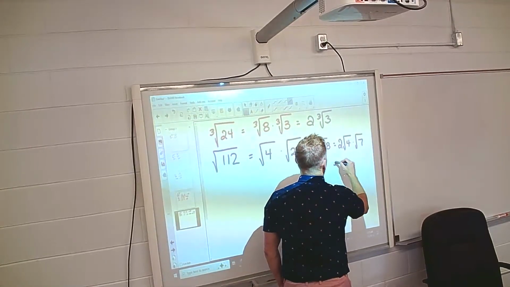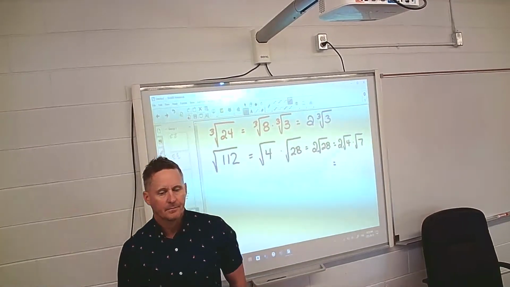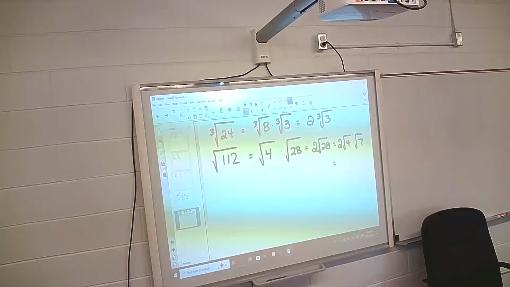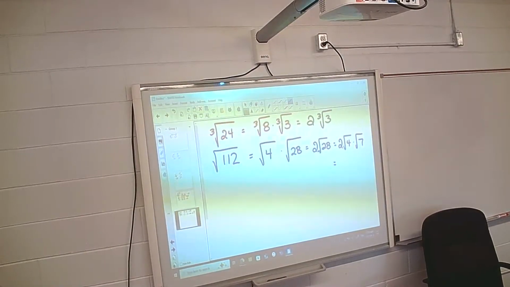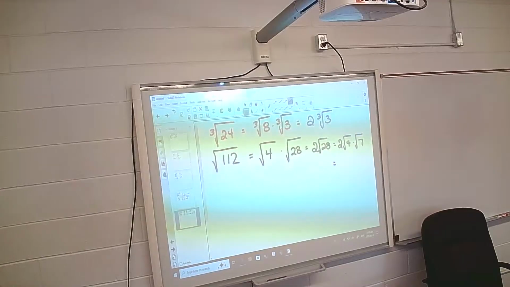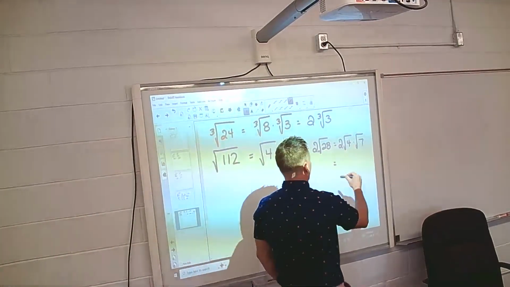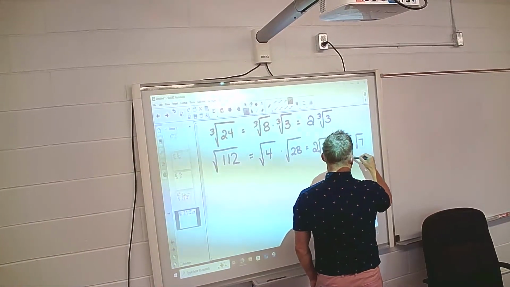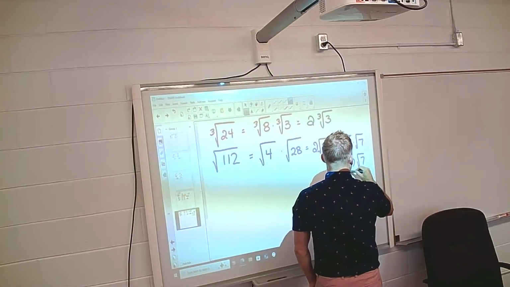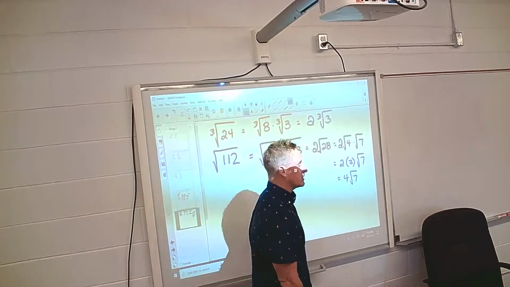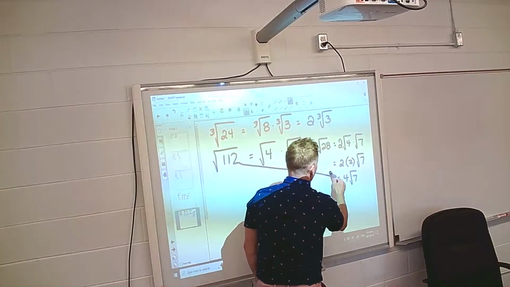So now I have 2 times the square root of 4 times the square root of 7. What is the square root of 4 again? 2. So now I have 2 times 2 times root 7. What's 2 times 2? 4. That is 4 root 7. So there is the actual way to get there.